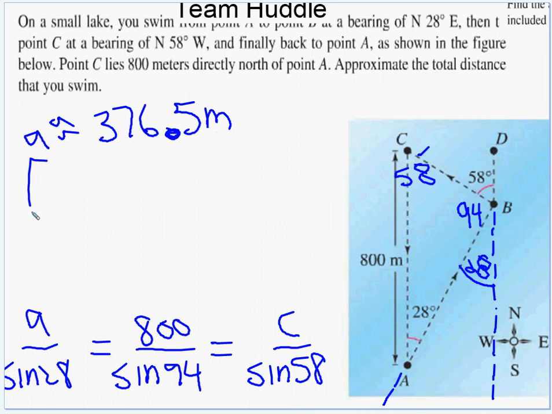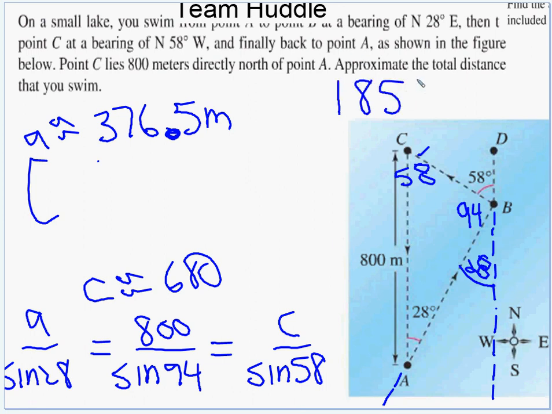And C is about 680 meters. And if you add up those sides that we found with the given 800, you get 1,856.5 meters. There we go.